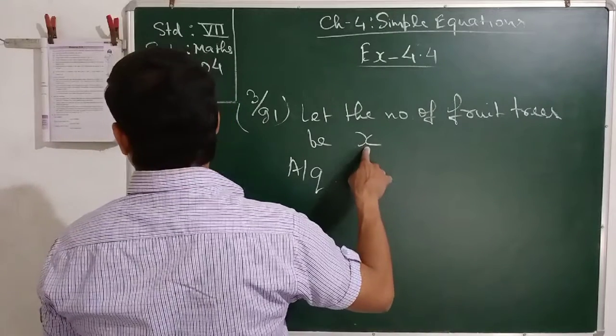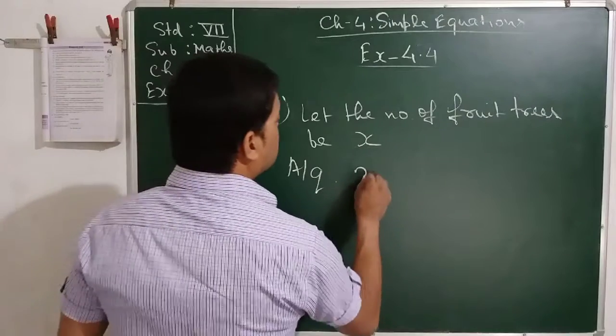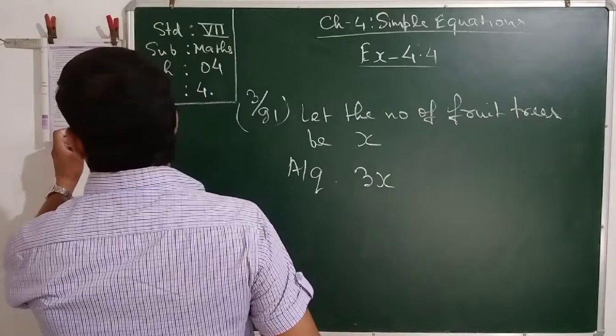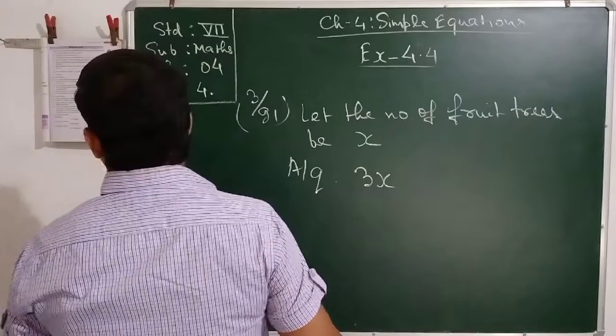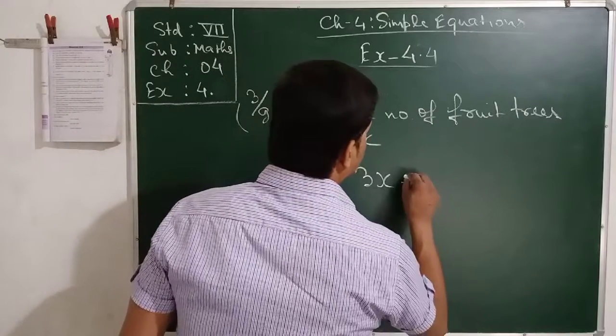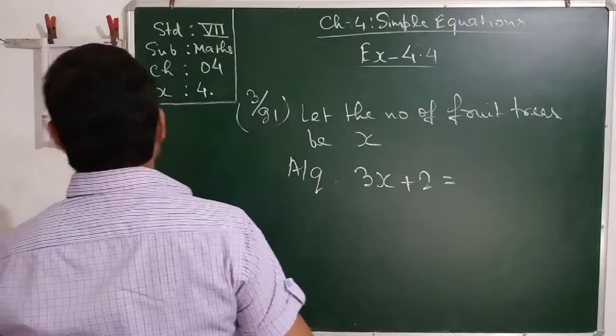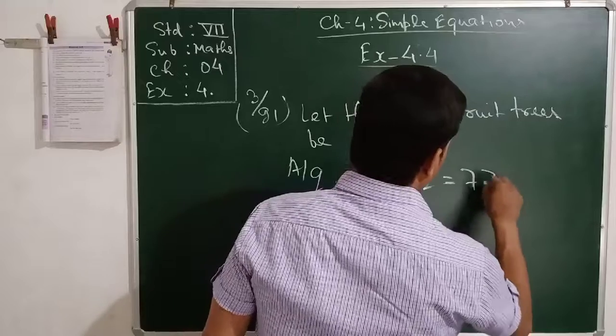The number of fruit trees is x, and 3 times of this is 3x, plus 2 equals the number of non-fruit trees, given as 77.